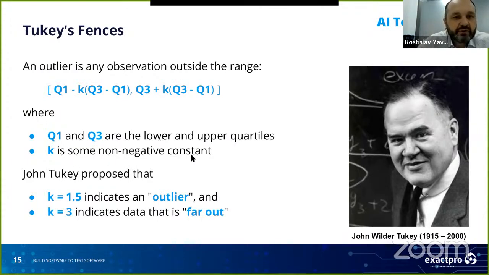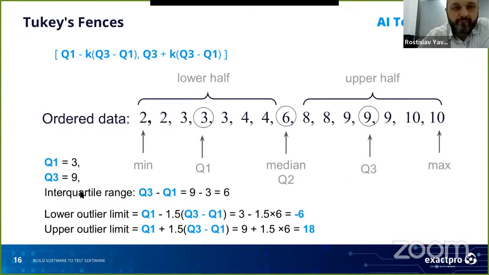And K is some non-negative constant, so you can play with it. Maybe for your application, you can take a different value. But usually, if you take K as 1.5 and some data point falls outside this interval, then definitely it's an outlier. And if you take K equals 3 and some data point falls out of your range, then it's kind of a far-out outlier.